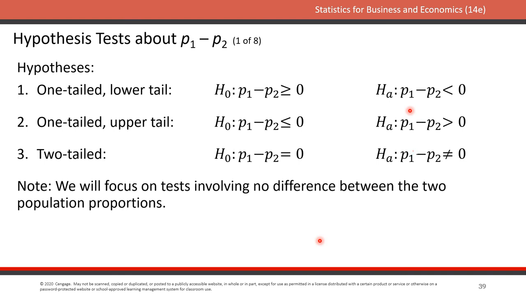All right, jumping into our hypothesis test, the constructions are the same as we have had before. We're just looking at the population proportions now. And here you can see that instead of constructing this as greater than, less than, and not equal to D, as we've had before, they just focus on 0 difference, which is pretty common.